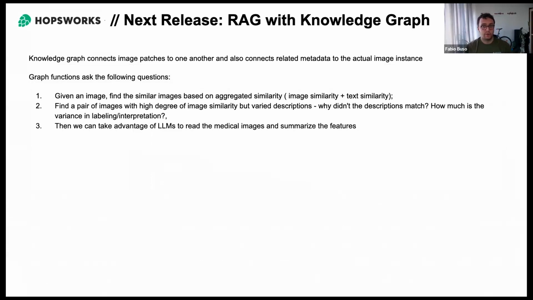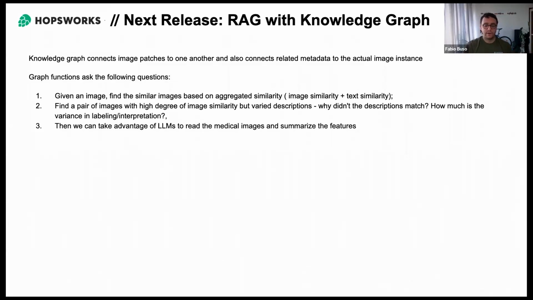Last one. There's one additional item that we're working on in the background. One of the things we're working on is introducing a knowledge graph. We take advantage of the knowledge graph to do similarity search across images. So in the next iteration of the chatbot, the researcher will be able to say, okay, given this image, can you give me back similar images and the appropriate report that is based on the knowledge graph.